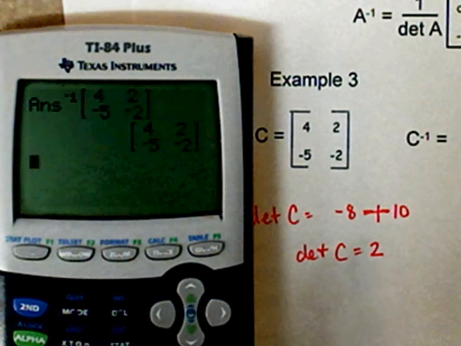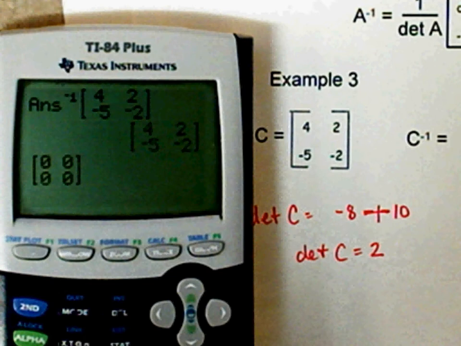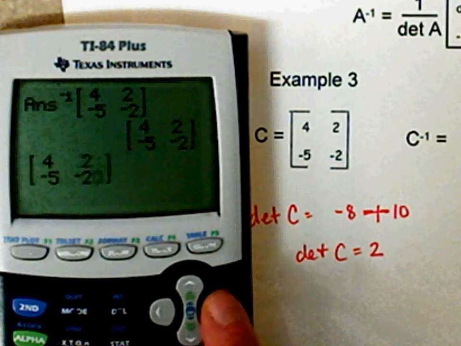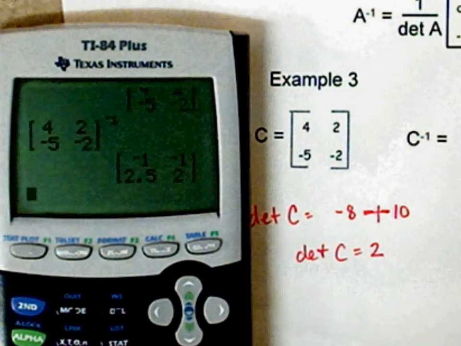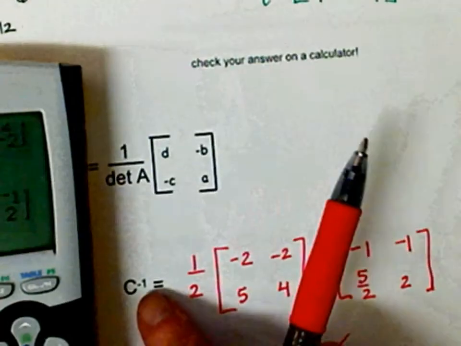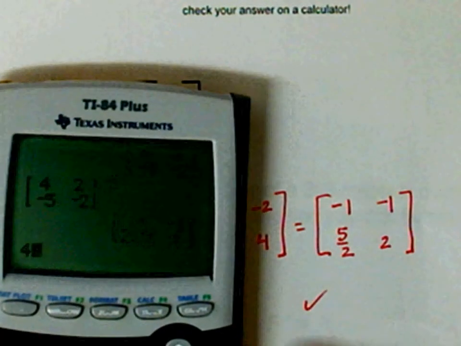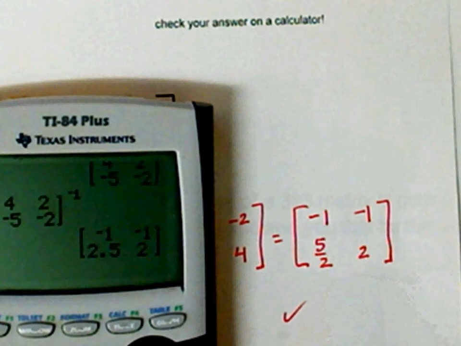Maybe I'm doing it wrong. 4, right click, 2, right click, negative 5, right click, negative 2, right click. There we go. So you type that in, then you raise it to the negative 1, just like you see it right here, and guess what you get? Can you guys see that? Okay, look, same thing. See it right there? Notice how I typed it?